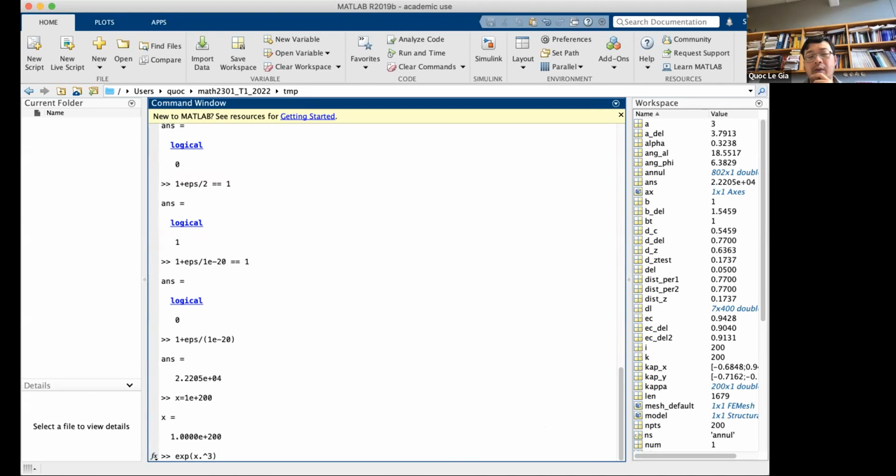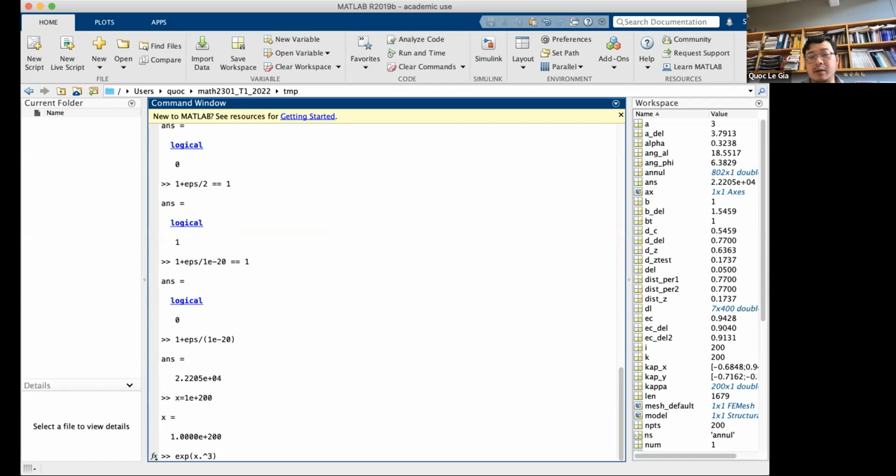So 10 to the 200, then you raise it to the cube, so it means 10 to the 600.